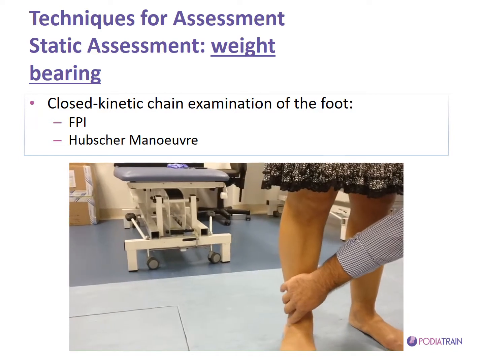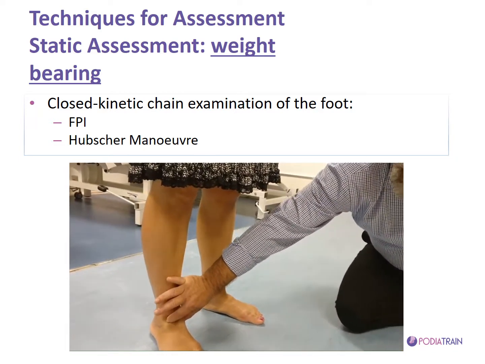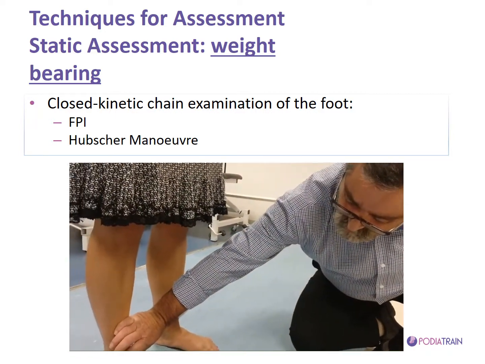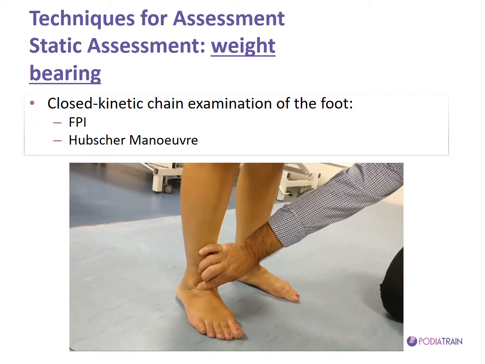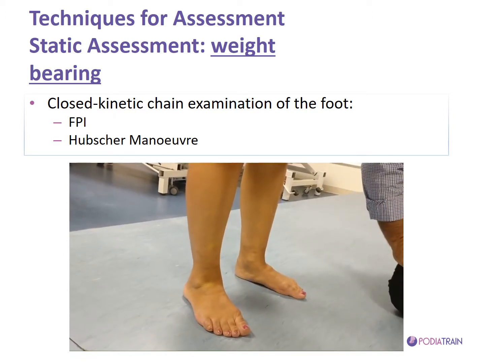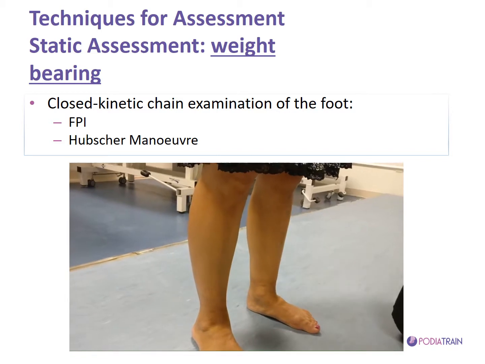Together with that, the third criteria is palpation of the head of the talus. In this case, I can clearly palpate the talus more on the medial aspect, so it is scored positively for a pronated foot type.